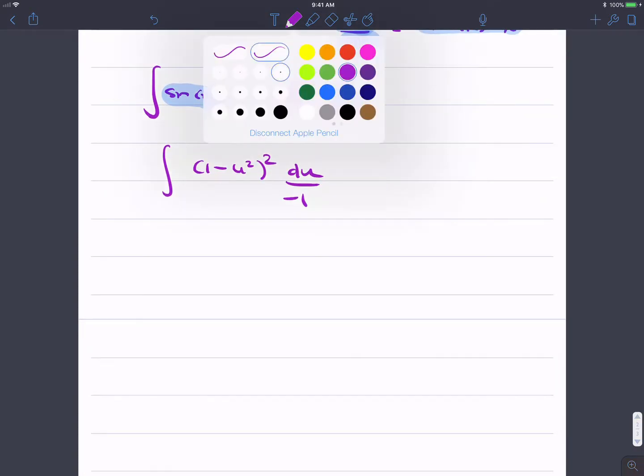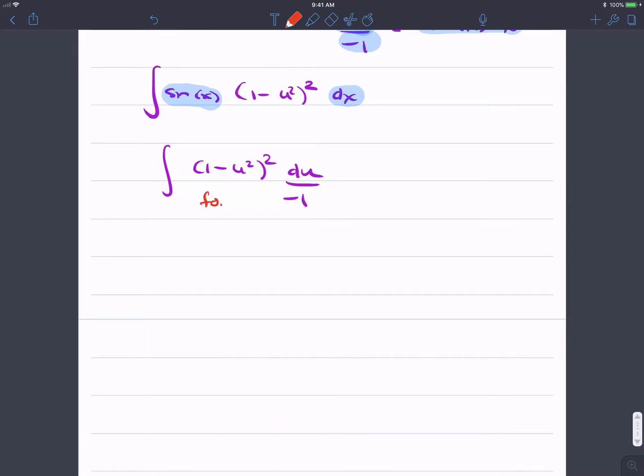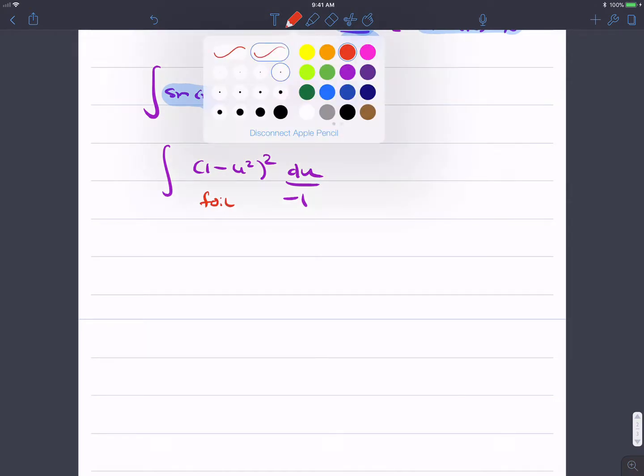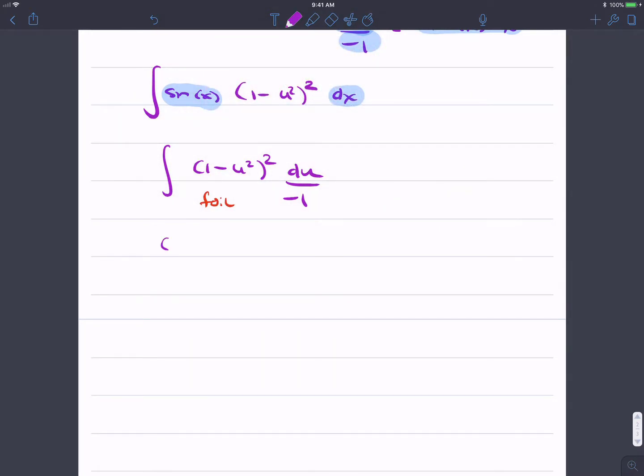So at this point, we're going to use some algebra here. We're going to have to use FOIL here. So (1 minus u squared) squared by FOIL becomes 1 minus 2u squared plus u to the 4th. So our integral will be 1 minus 2u squared plus u to the 4th. Don't forget we have a du over negative 1.